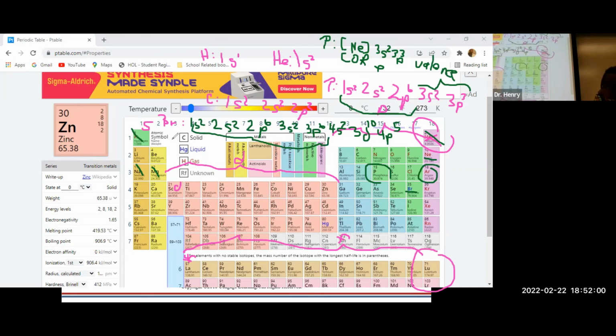So then what we would do, we'd write Br, then bracket argon. Then we start after argon: 4s2, 3d10, and 4p5.